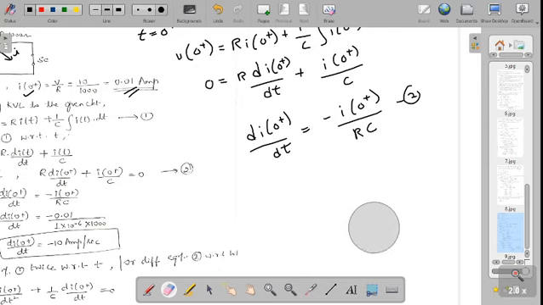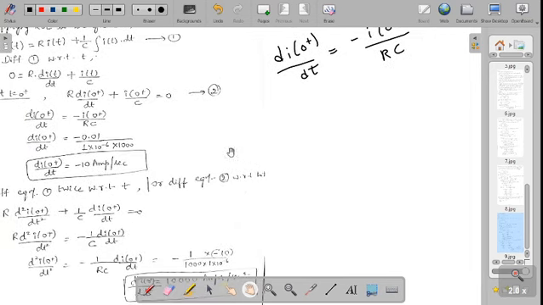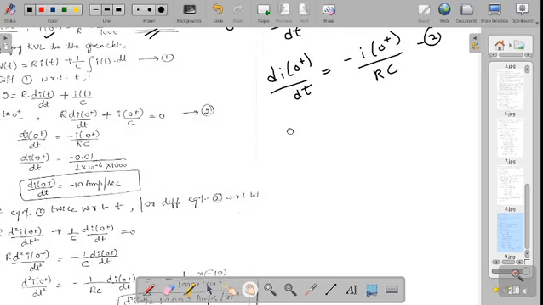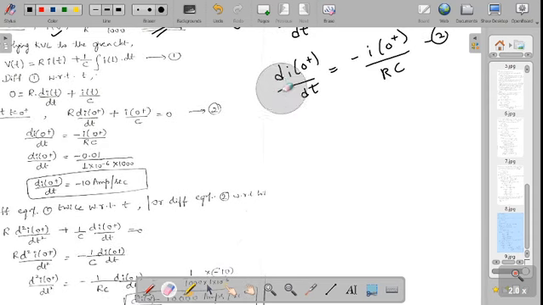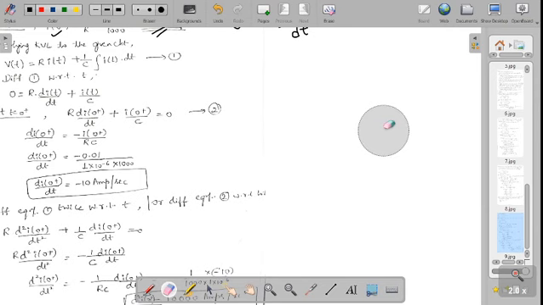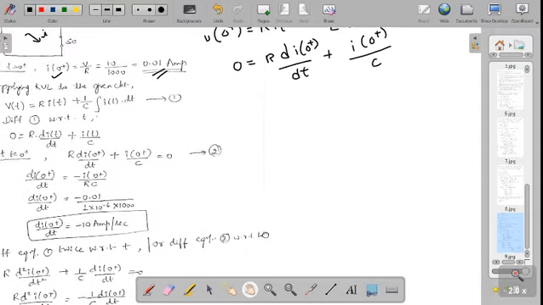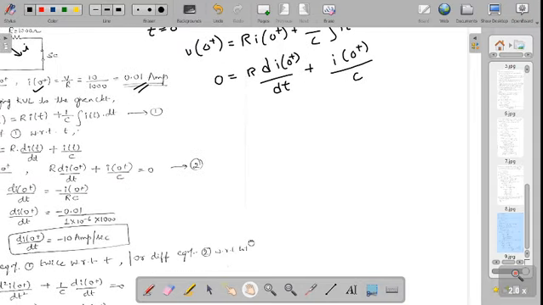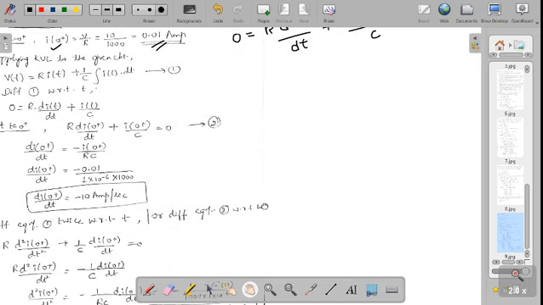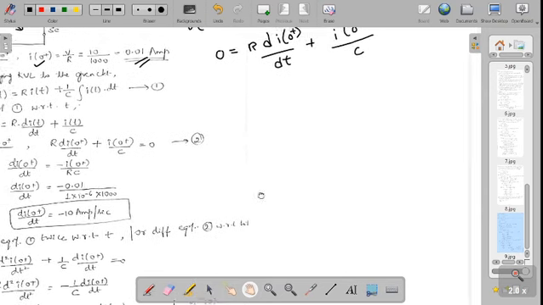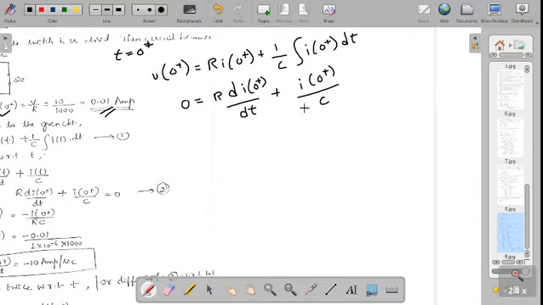Next, in order to find the second derivative of this, you take this equation. Let's take this equation.